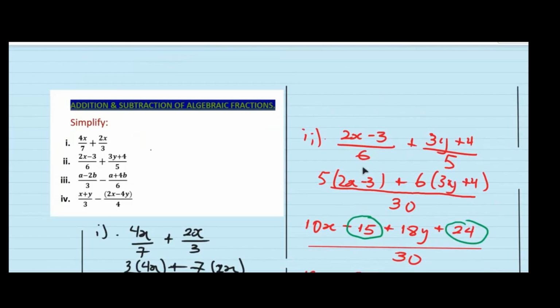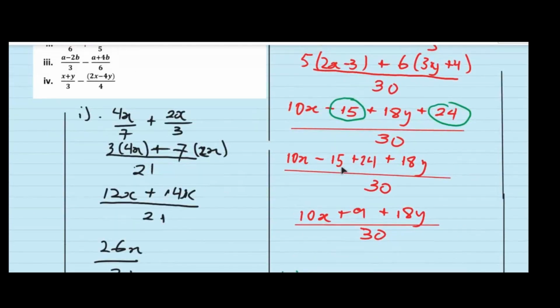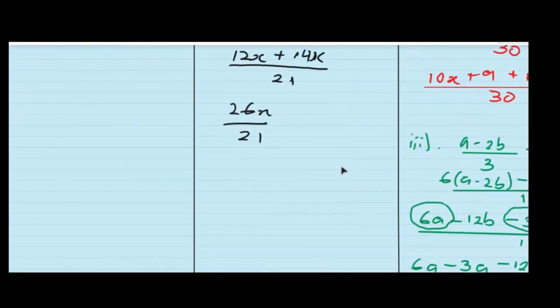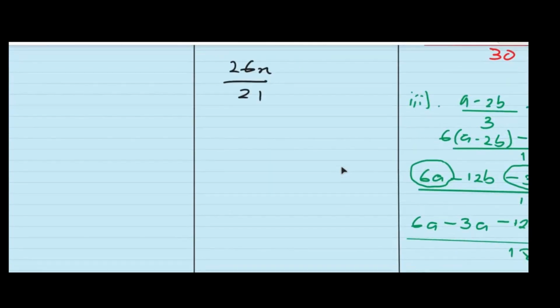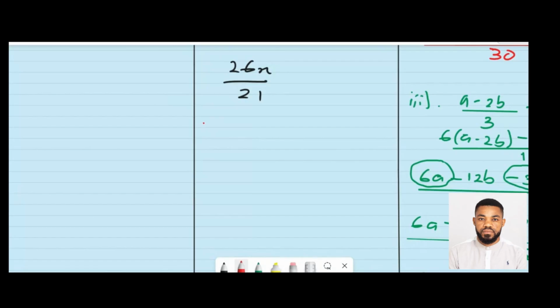So the last question, that is IV. Let's get it here and see how we can simplify the IV. Okay, IV. That's the last question. And the question is x plus y all over, is it 3? Yeah.